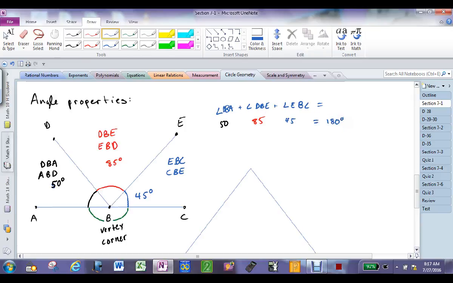All of you will also have very close to 180. Some of you will have 179, some of you will have 181. Why? Why will you not get perfectly 180? What are some possible reasons?